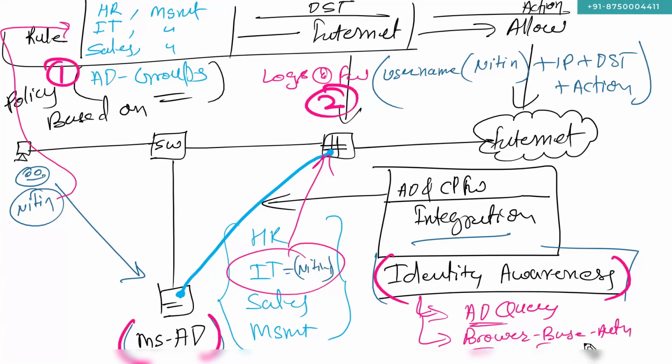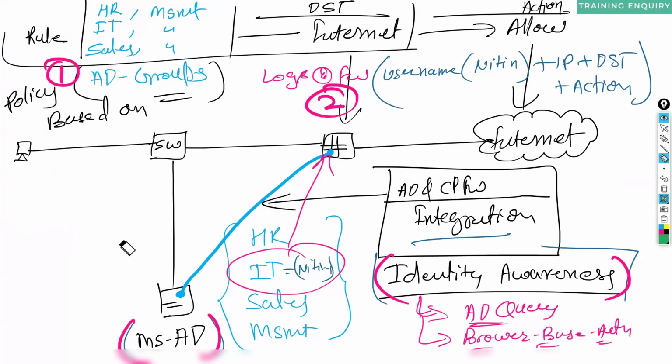Next we have browser-based authentication. In browser-based authentication, the user will not join the AD. Then what will happen? In that case, if this user wants to access the internet, the procedure will be like this. In browser-based authentication, the client will send a request to the Checkpoint firewall for authentication.